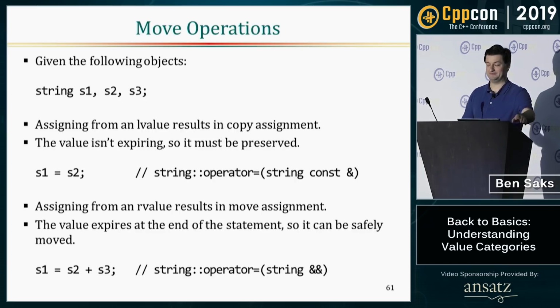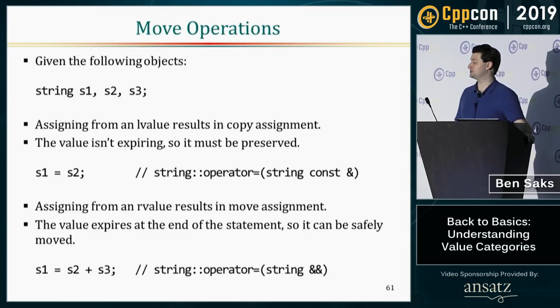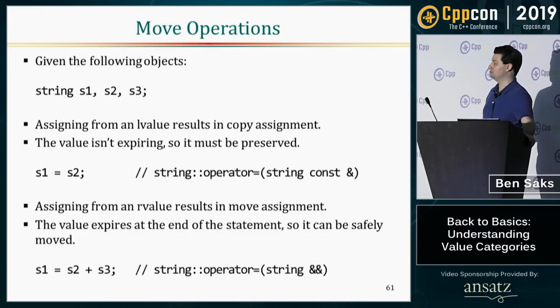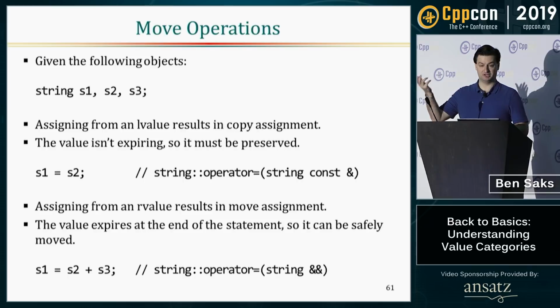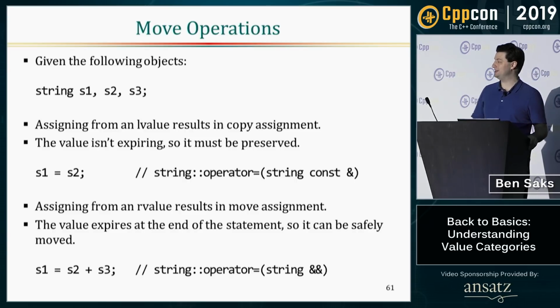On the other hand, if I assign from an R value, like S2 plus S3, the result of that plus operator that I showed you a moment ago, that will perform move assignment. It's safe to move from the result of S2 plus S3 because that's a temporary object. It's going to die as soon as we reach the end of that statement.